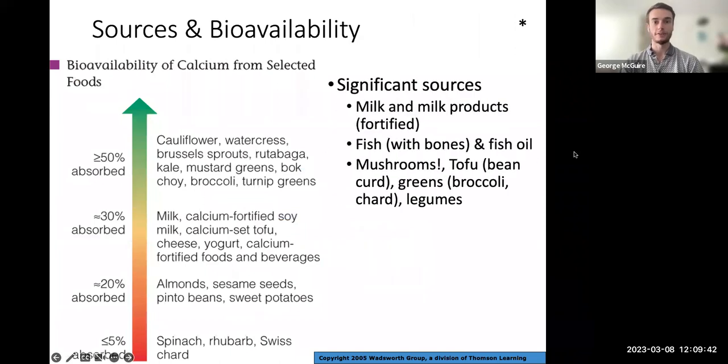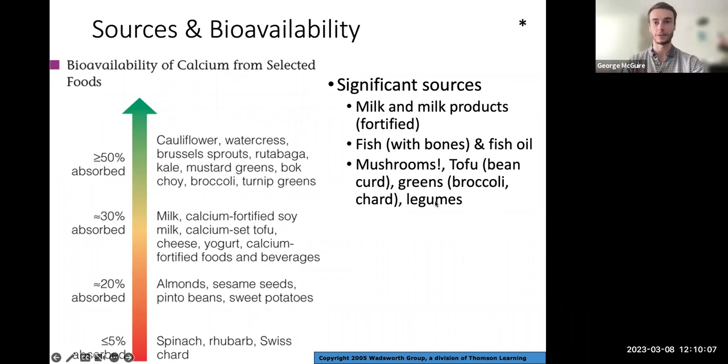And then just a little bit about where you see them, or sources versus bioavailability of that calcium within those sources. Right, so again, we've touched on this topic a few times now. Even if a food has a high concentration of whatever nutrient you're looking for, that nutrient needs to be absorbable. Thus, it needs to be bioavailable in order to actually get the benefits and use that in your body.